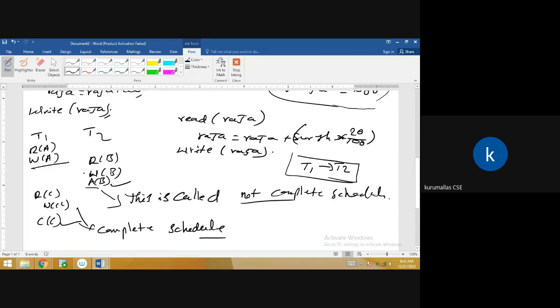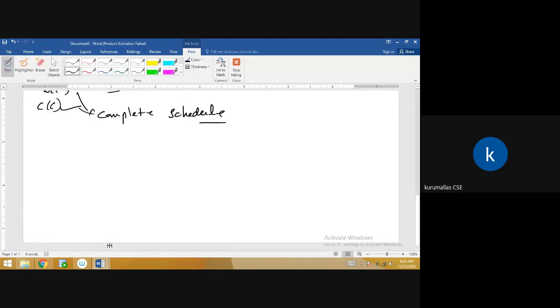When we look at the serial schedule, the actions are executed one after another sequentially.